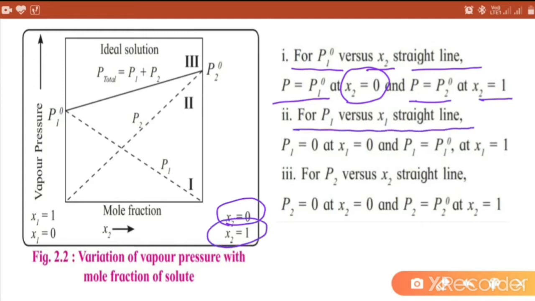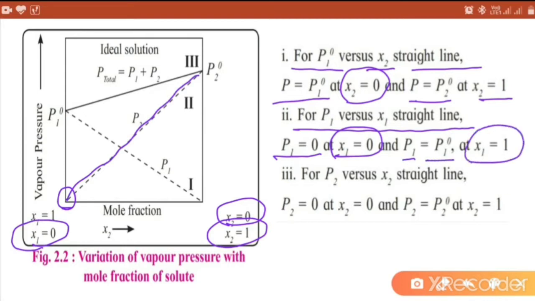For P1 versus x1 straight line, P1 is equal to 0 when x1 is equal to 0, and P1 is equal to P10 when x1 is equal to 1.